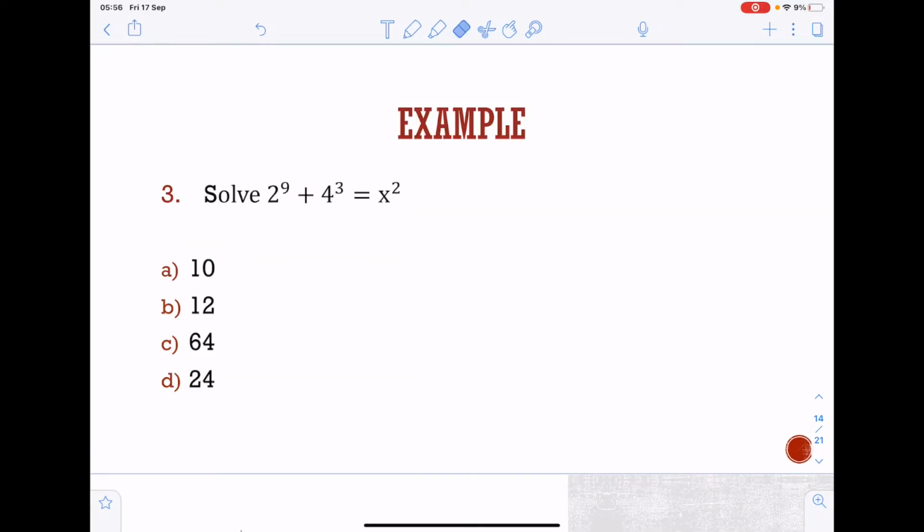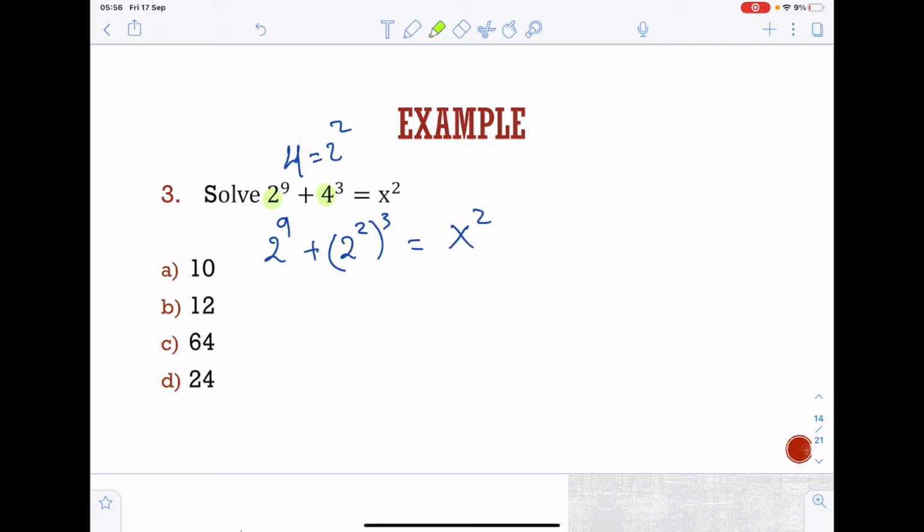Okay, solve 2 to the power 9 plus 4 to the power 3 equals x to the power 2. So we'll try to get the same base here, since I can write 4 as 2 to the power 2. So 4 equals 2 to the power 2. I will rewrite this as 2 to the power 9 plus 2 to the power 2 all to the power 3 equals x squared.